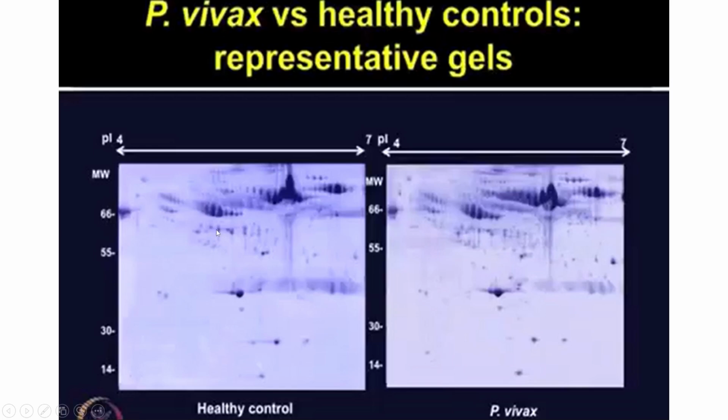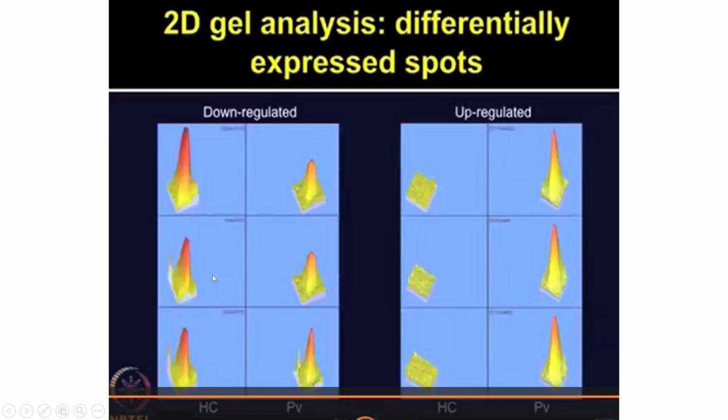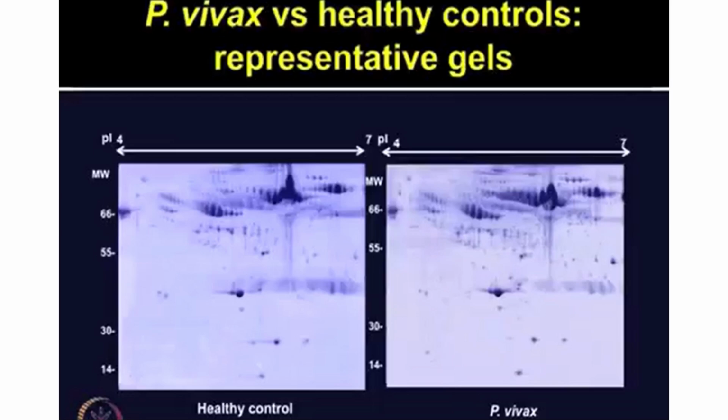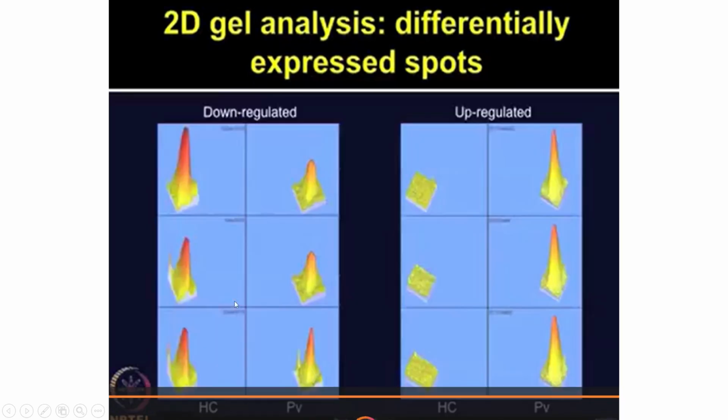It can zoom in and check what the differences are here and here. All those minute analyses can be done in the software, and depending upon the amount of staining taken, it tells about the upregulation and downregulation.